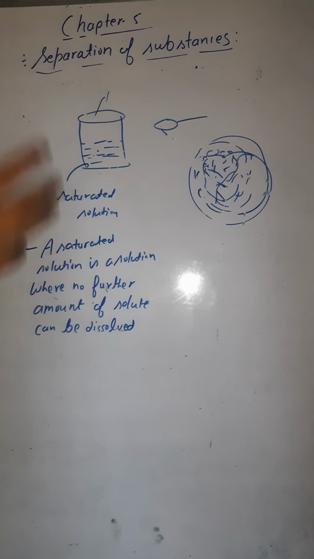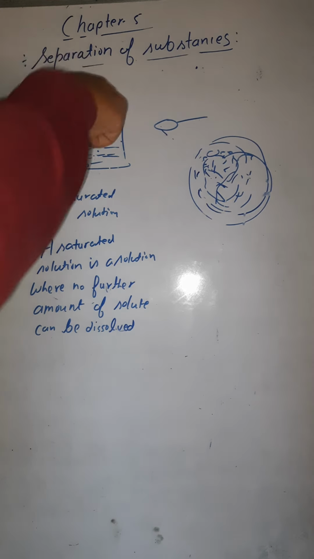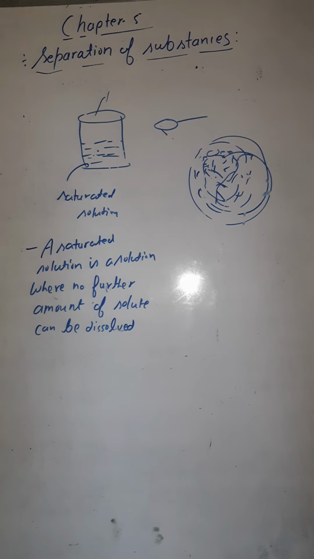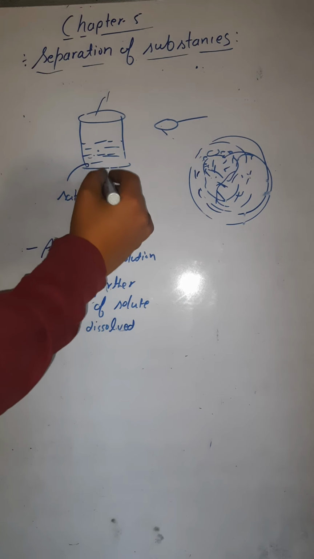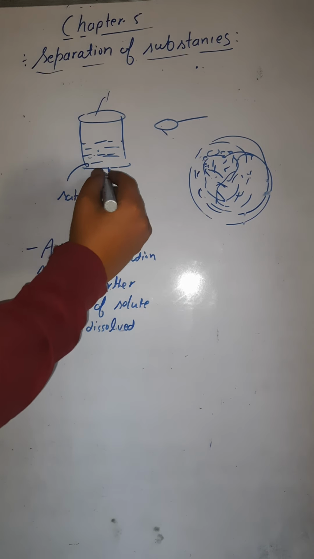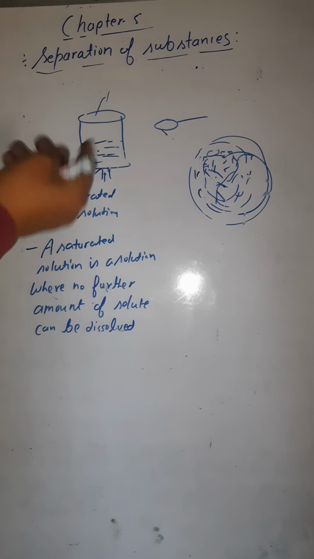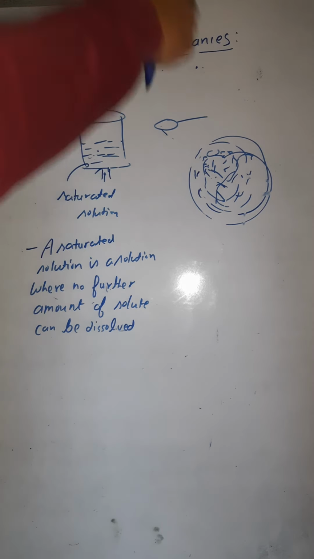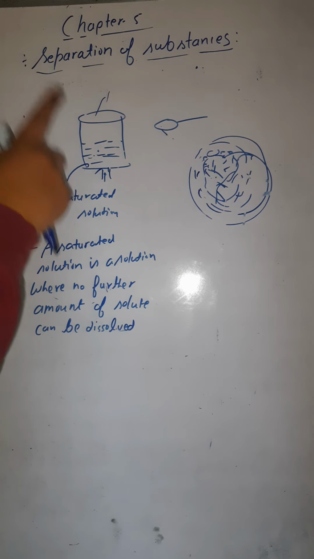Now suppose you want to dissolve the 6th one also, but it won't dissolve. So what would you do? You just boil it. Keep a burner below, or light a candle, and boil the water. As soon as you are boiling the water, you take the 6th spoon, and then this 6th spoon also would be dissolved.